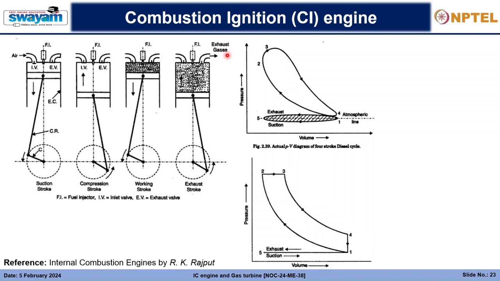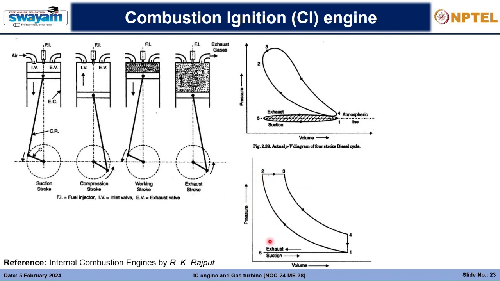So we need an air standard cycle wherein the cycle is closed. We do not have the exhaust and suction strokes, and the same air is circulated throughout the whole cycle. So this is just a replica of the air standard cycle, which we will see next. But this 5 to 1 or 1 to 5 will not exist in the air standard cycles.